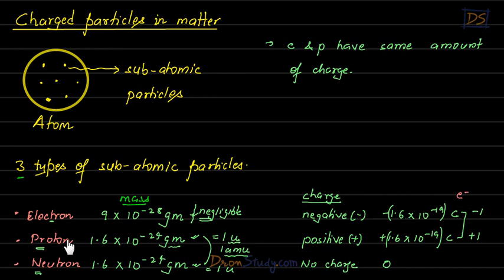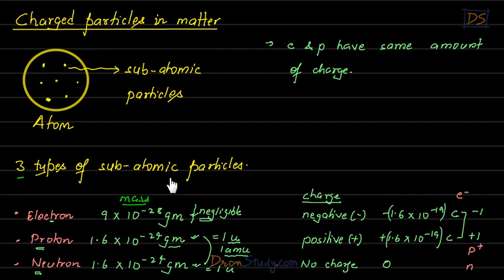What must be the symbol of proton, students? Can you guess? P for proton, and on the top of it we make a plus. Plus represents that proton carries positive charge. Then, following the same logic, what should be the symbol of neutron? That is simply n, and nothing on the top of it, because it has no charge. So I hope this concept of charge is also clear to you.